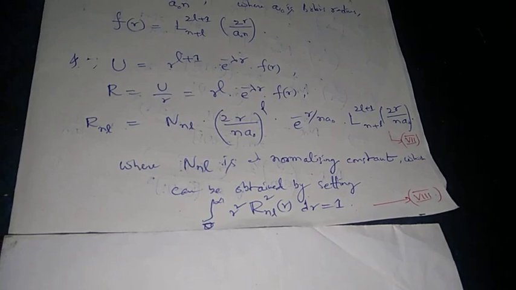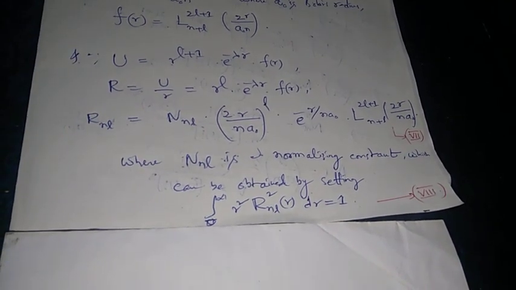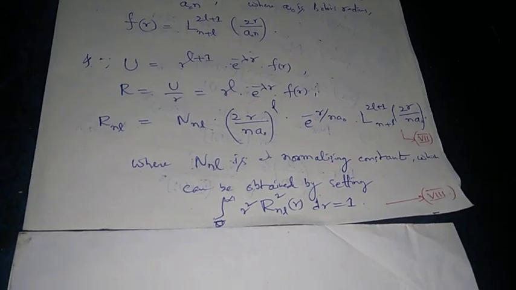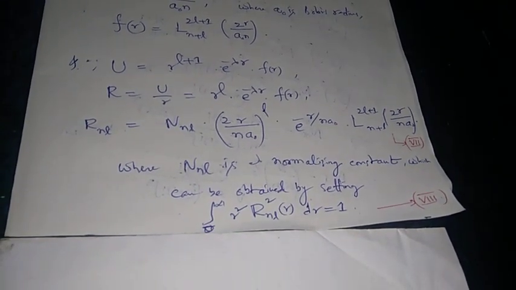This factor can be found by the normalization condition, which is equation number 8 here, as an integral. But the Laguerre functions have their normalization condition as equation number 9.